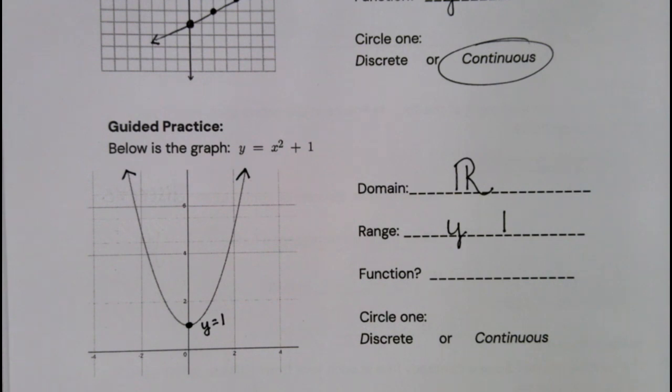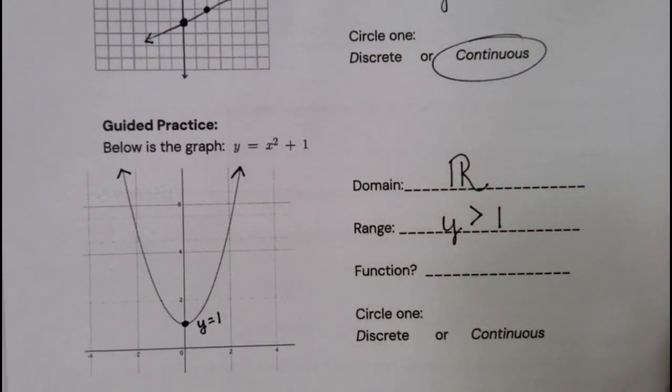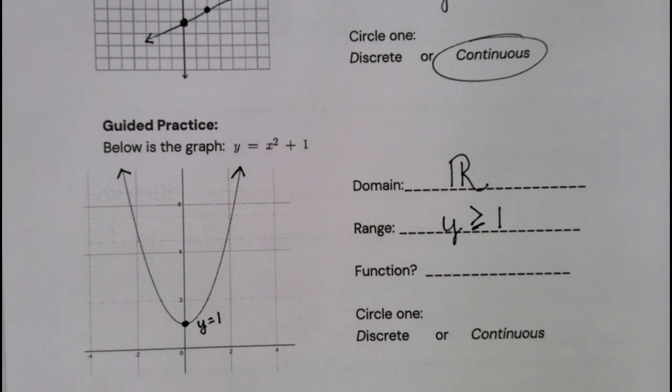It got larger. What symbol do we use to represent that something is larger? Greater than. Could it be equal to 1? It can be equal to because there's a point there. So it's greater than or equal to 1.